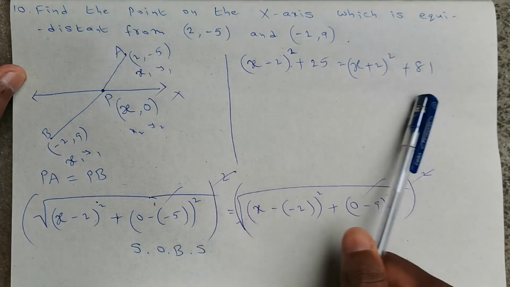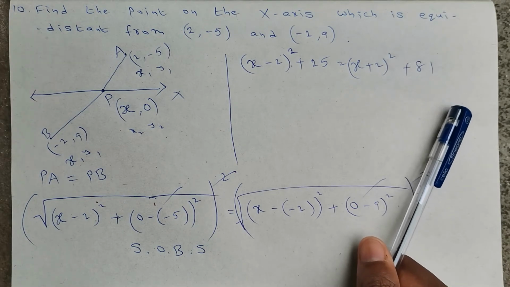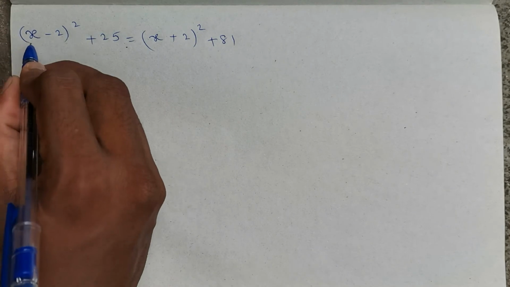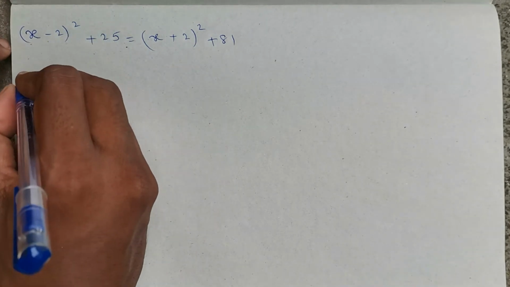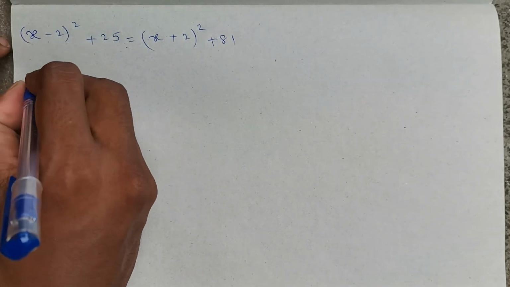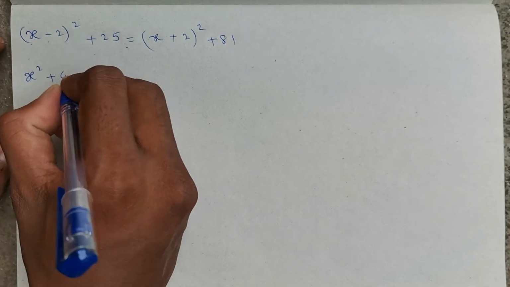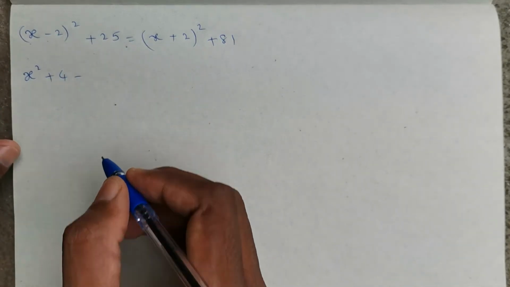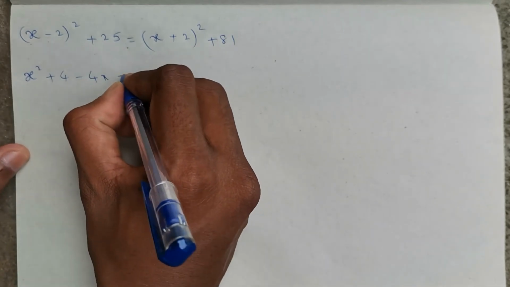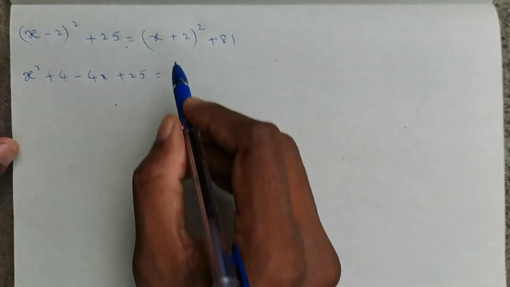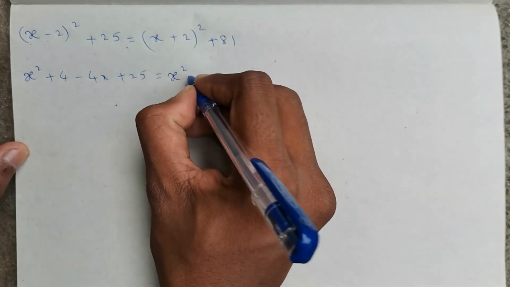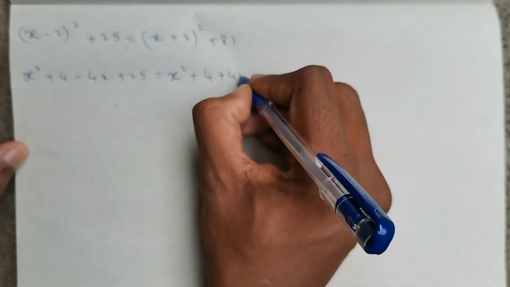Now this total equation we need to solve for the x value. This (x minus 2) whole square is in the form of (a minus b) whole square. So if we expand, x square plus 4 minus 2 into x into 2, that is 4x, plus 25 is equal to, here (x plus 2) whole square is in the form of (a plus b) whole square. So if we expand it, x square plus 4 plus 4x plus 81.